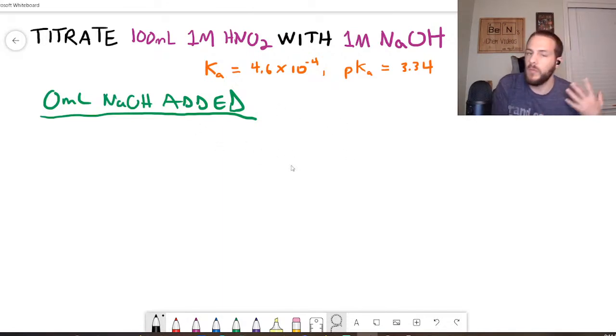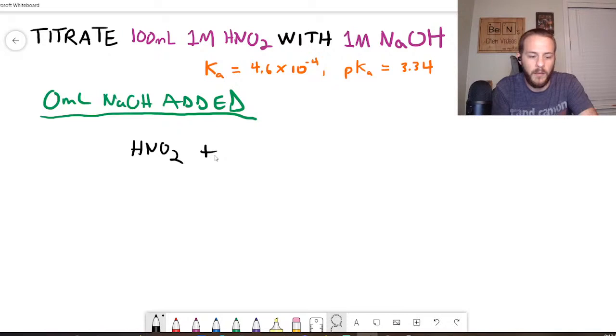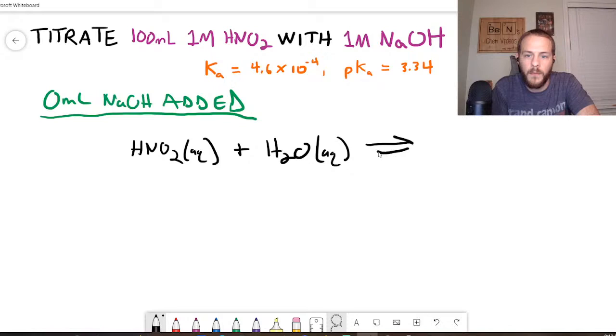Well, first, the way that you go about solving this is to write the equation for the acid reacting with water. That would be the following, where we have HNO2, aqueous, plus water, aqueous, with equilibrium arrows.